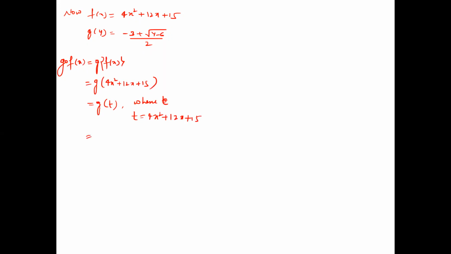In place of y it is t. So this can be written as minus 3 plus root of t minus 6, divided by 2. Now what is the t value? Substituting the t value: 4x square plus 12x plus 15, minus 6, and the whole divided by 2.